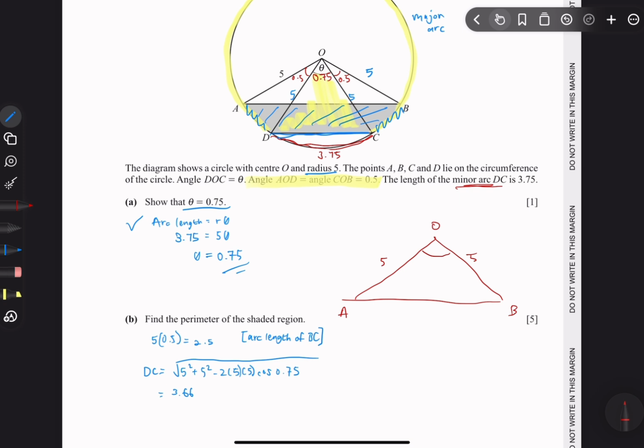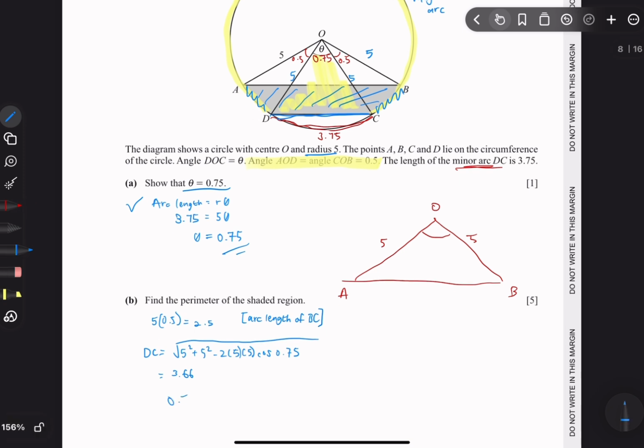So we just add 0.5, 0.5 plus 0.75. And you should be getting 1.75. So this angle is 1.75. And now you can use the cosine rule to find length of AB.